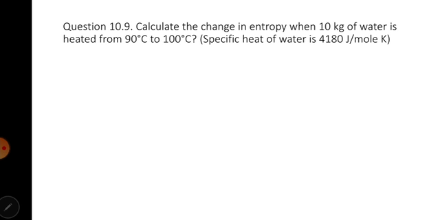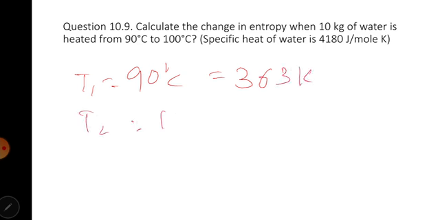Calculate the change in entropy when 10 gram of water is heated from 90 to 100 degrees Celsius. T1 is 90 degrees Celsius, in Kelvin it is 363 Kelvin. T2 is 100 degrees Celsius, 373 Kelvin.